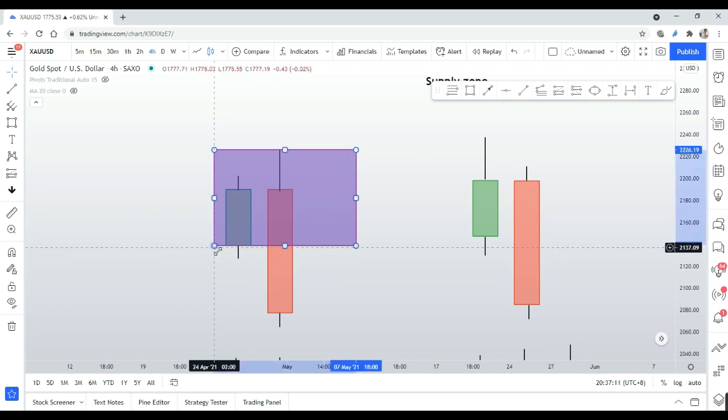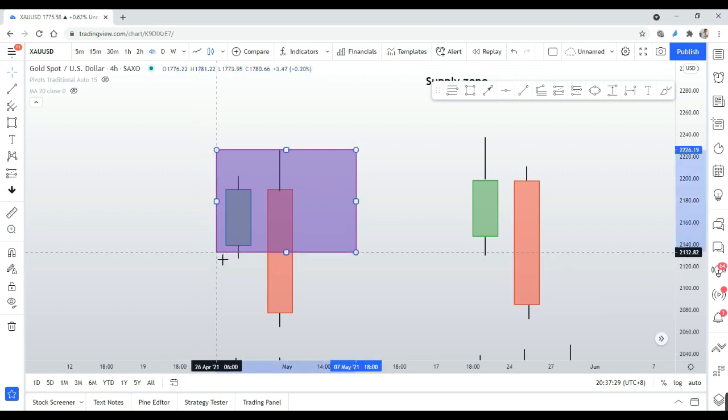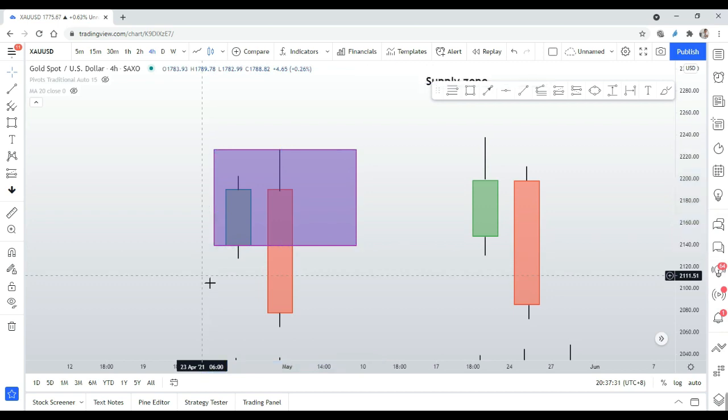Some of you out there following different gurus or YouTubers might do it another way. It's up to you. There is no right, there is no wrong, as long as you have backtested it and you know what you're doing. Because whatever method I'm using is based on this kind of zoning.